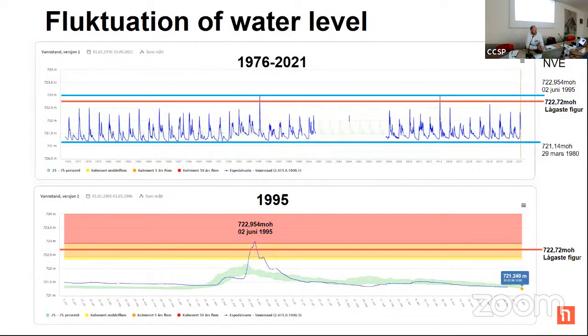So I've got data for the last 50 years on how much the lake has fluctuated. I got that out, and you could see that the lake is fluctuating: in March 1980 it was 721.14 meters above sea level, while the highest level in June 1995 was 722.95 meters, which is then 1.8 meters difference.